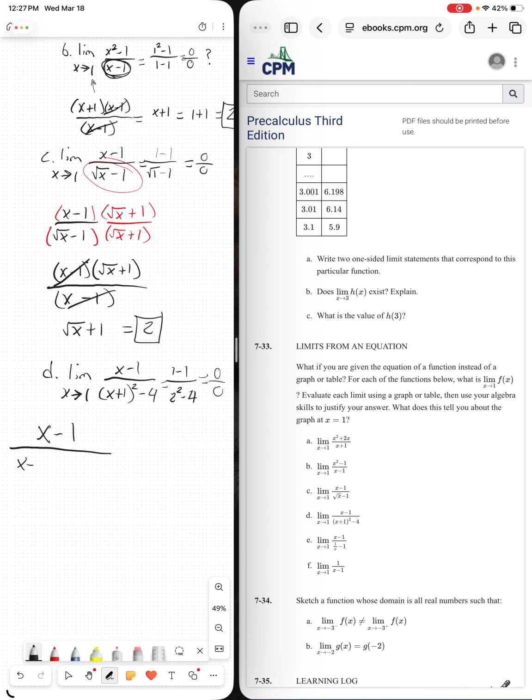Difference of squares, so x plus 1 plus 2, x plus 1 minus 2. x minus 1 cancels. I have 1 over x plus 3. So my limit is 1 over 4 when I plug in 1.